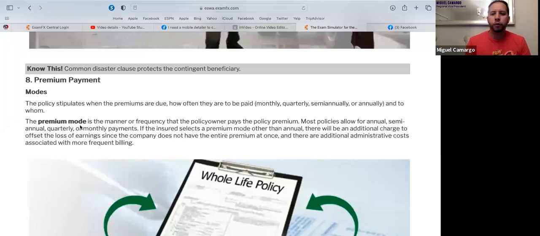There's generally 4 ways you can pay your premiums: monthly, quarterly, every 6 months, which is semi-annually, and annually. So you want to write that down. Premium mode is another word for frequency. You'll see that on the exam. Again, you can pay monthly, quarterly, semi-annually, or annually.